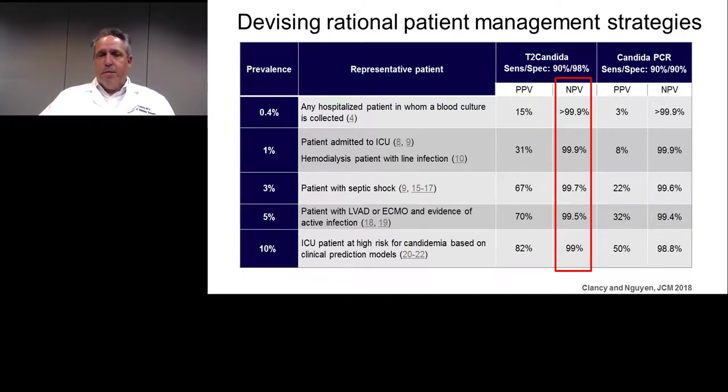I'll also point out on the table to the right here, if you assume that T2 Candida isn't going to perform quite as well as in the direct studies, but instead is going to perform more like PCR assays and PCR meta-analysis literature for candidiasis, which suggests sensitivity and specificity of PCR assays of approximately 90% and 90% respectively.